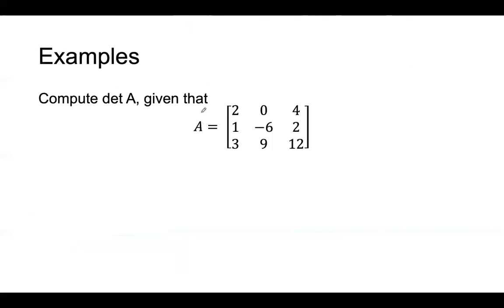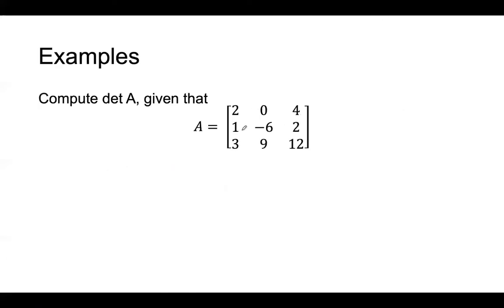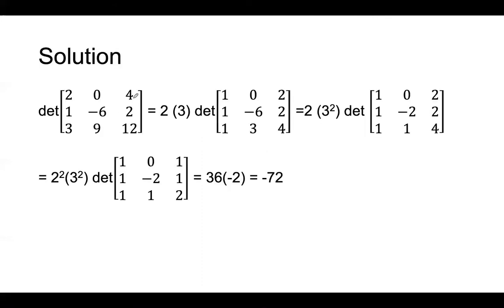Compute the determinant of A, given this matrix. Where do we take out first? We could take out the 2 and we could take out the 3. That's why we have the 2 and the 3. Then we could take out this 3, so we're left with -2 and 1, and this becomes squared.